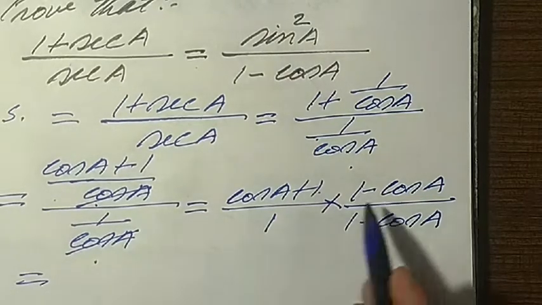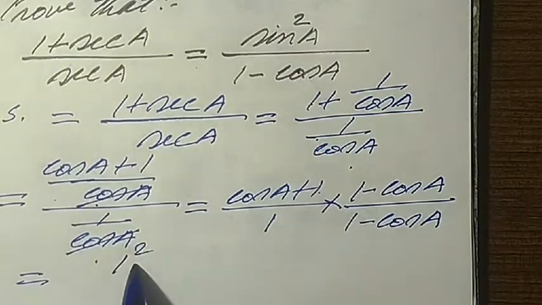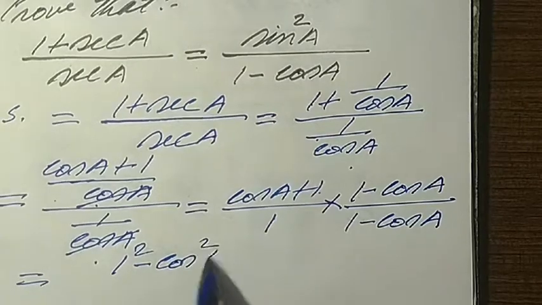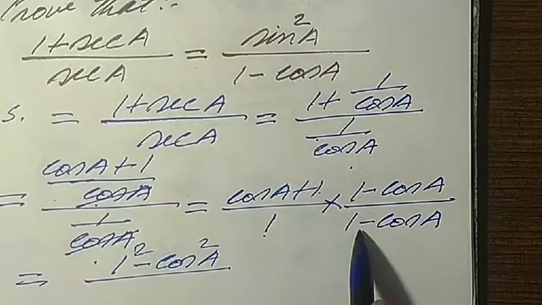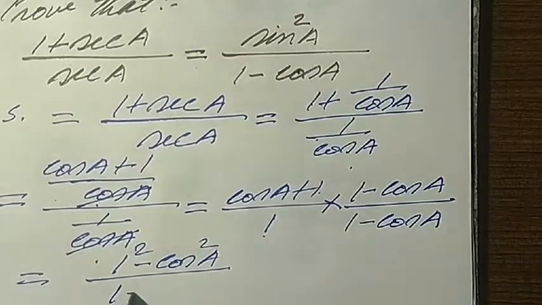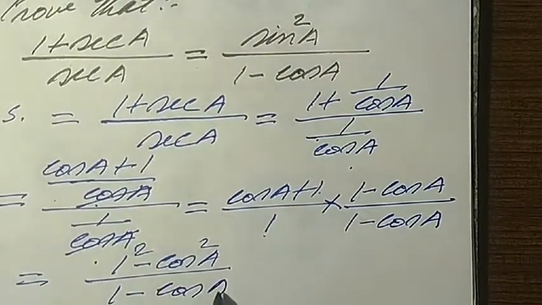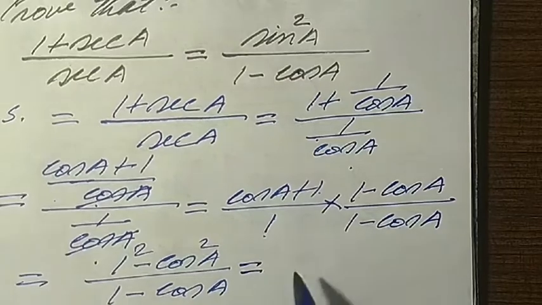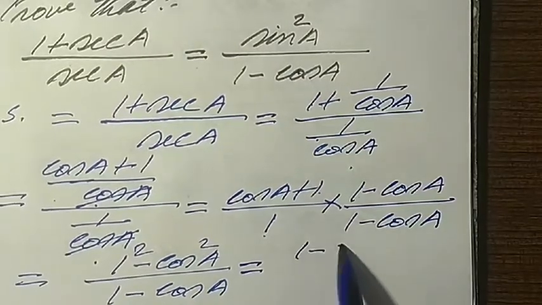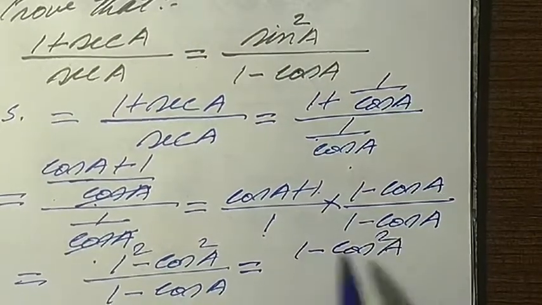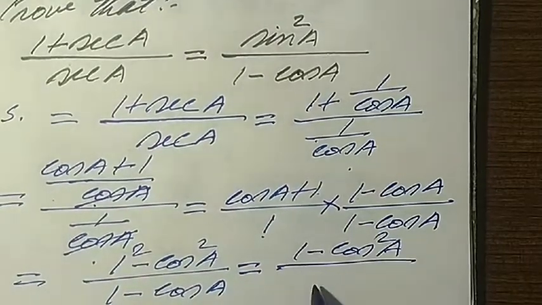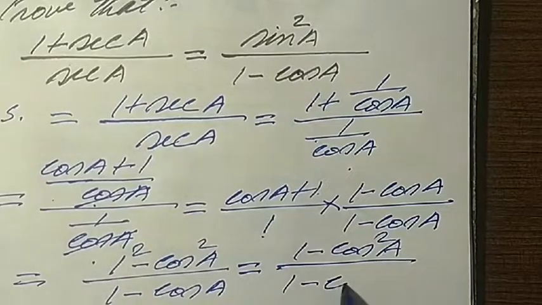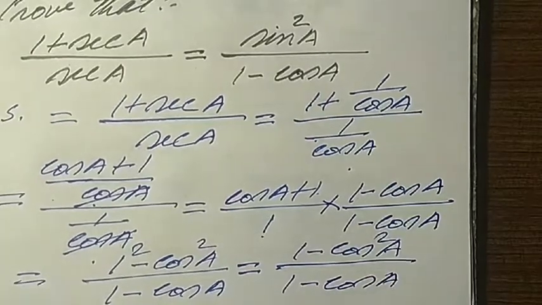So using that formula we may write 1 square minus cos square A, divided by, in the denominator, 1 into 1 minus cos A, which is 1 minus cos A. So it is 1 minus cos square A, because 1 square is 1 and minus cos square A as it is, and 1 minus cos A in the denominator.